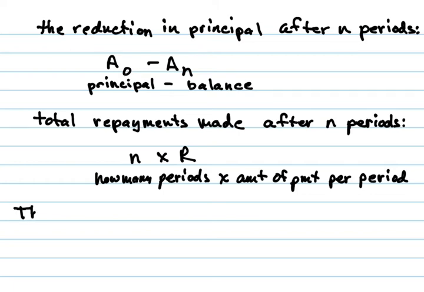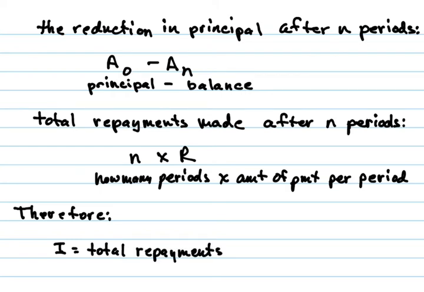Therefore, we can put these pieces together to find out the amount of interest that you've paid. So remember, I is simply the total repayments minus the reduction in principal. Okay?